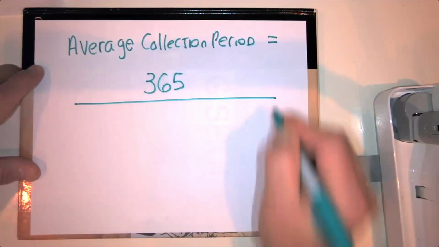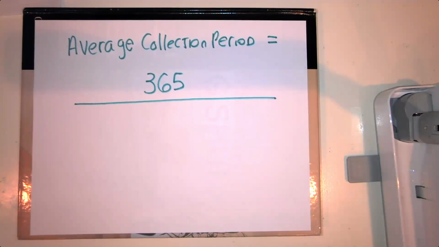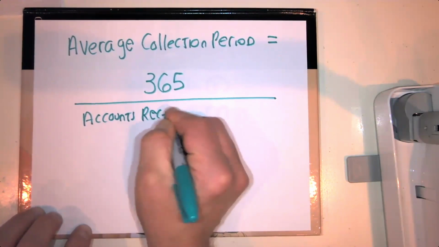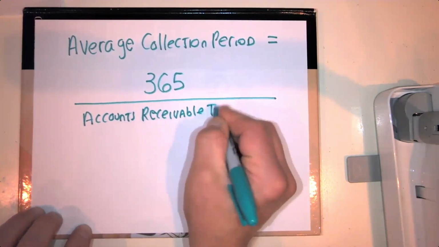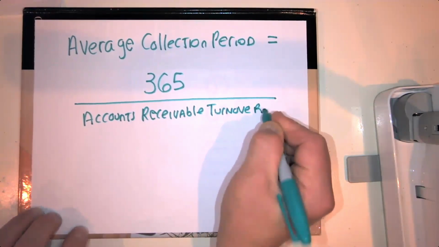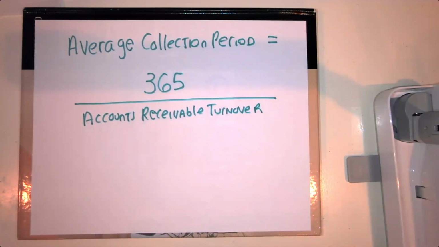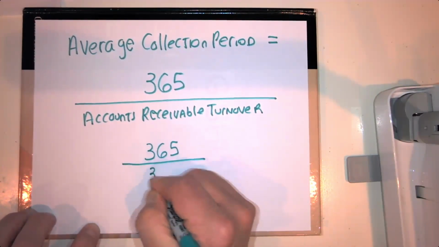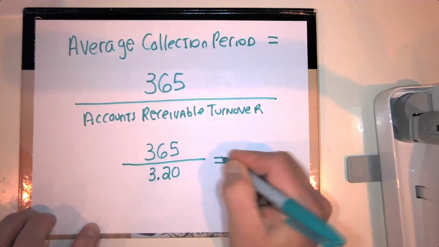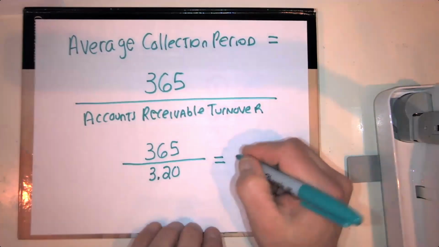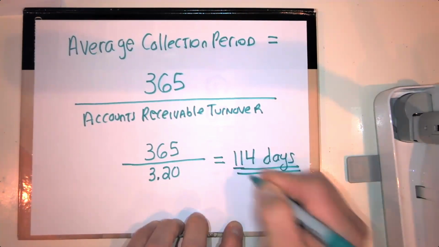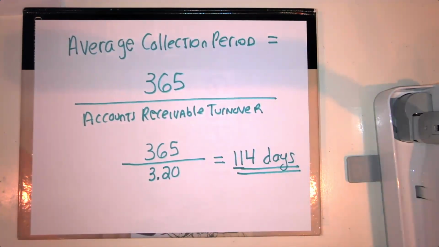The number of days in the year. 365, and we'll divide it by that ratio we just calculated, the accounts receivable turnover ratio. So we end up with 365 divided by 3.2 and an average collection period of approximately 114 days.